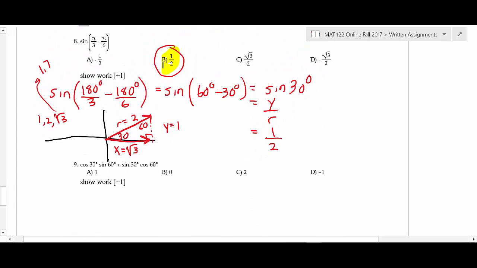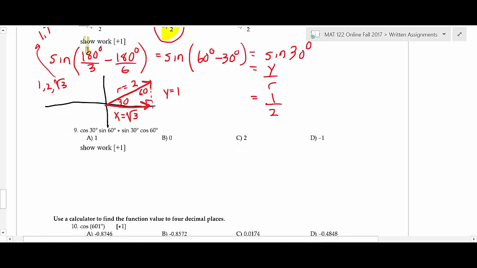Okay. Look at the next one here. Is another one that deals with special triangles. So what I'm going to do is I'm just going to do this one this way. At the side, I'm going to draw out a 30-60 right triangle. And you can do this in several different ways if you want to. So if we're looking at 30 degrees on this, so if we're looking at the cosine of 30 degrees, so what we have is we have the cosine of 30 degrees multiplied by the sine of 60 degrees plus the sine of 30 degrees times the cosine of 60 degrees.